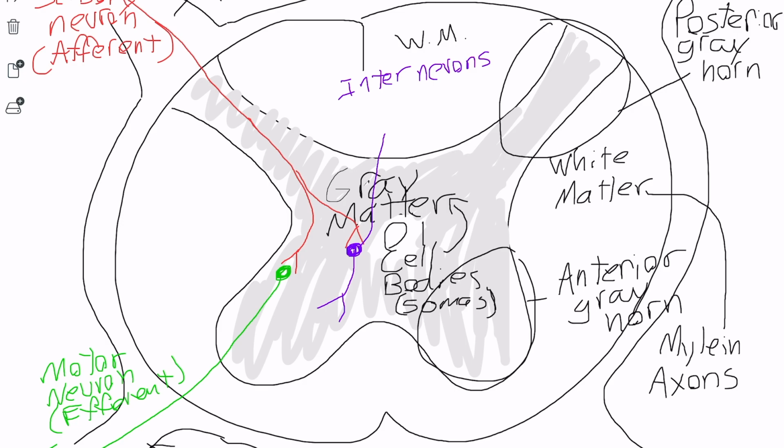Interneurons. And so interneurons are neurons that are found in the central nervous system. And they do all of our processing.